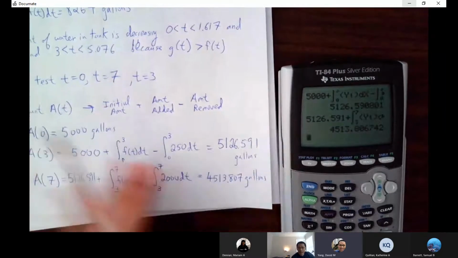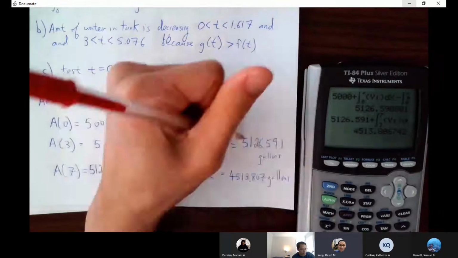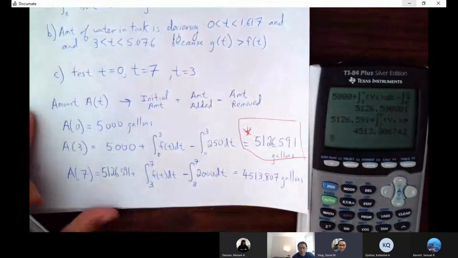So looking at my candidates here, I have 5,000 gallons versus 5,126 versus 4,513. So my absolute max must be at 3 hours.